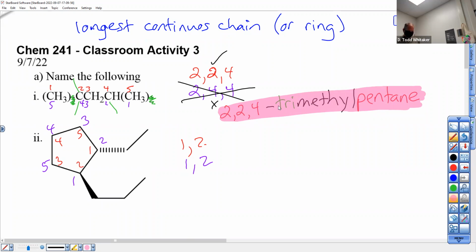Okay. So tell me the name of the ring. It's the same as the name of a 5-carbon chain, except you throw a prefix in front. You say cyclo in front. They're very common in chemistry, trust me. So the chain is really a ring, and when you have a ring, you say cyclopentane. The group with the red number 1 is called an ethyl, isn't it?